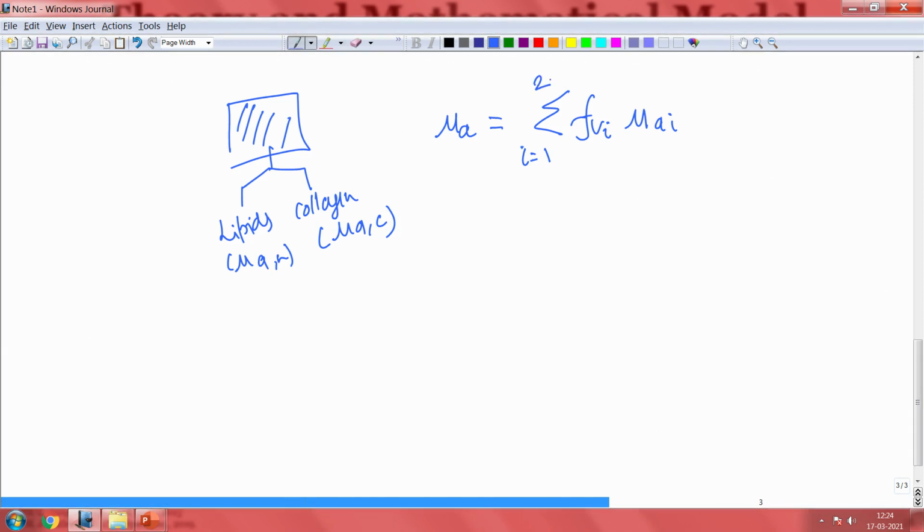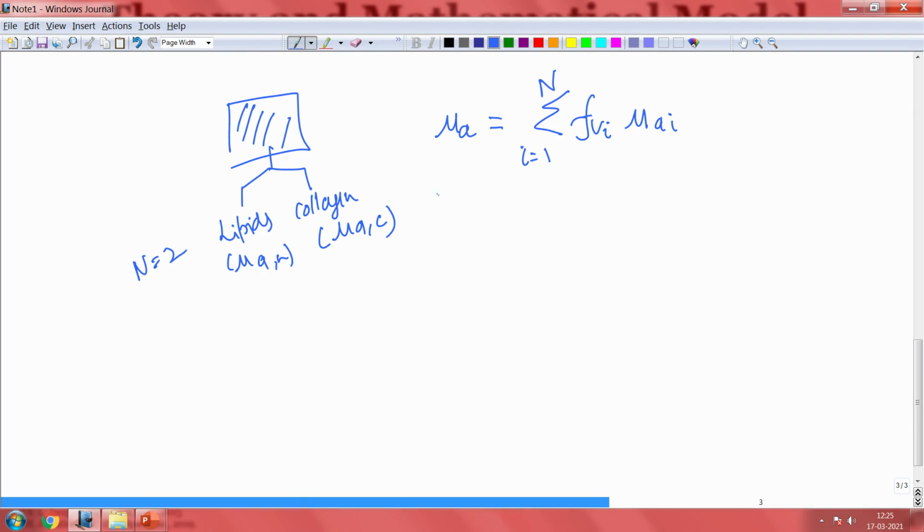i going from 1 to 2, it could be n, i going from 1 to n. And n, I am assuming to be 2 over here.